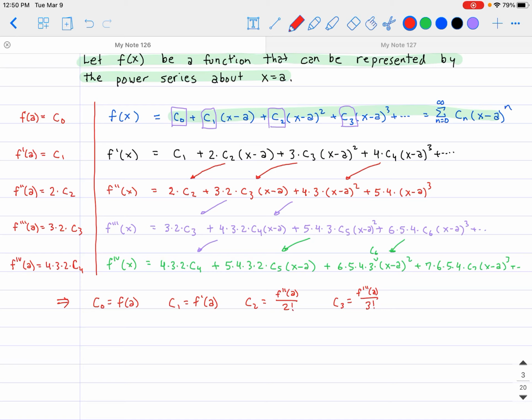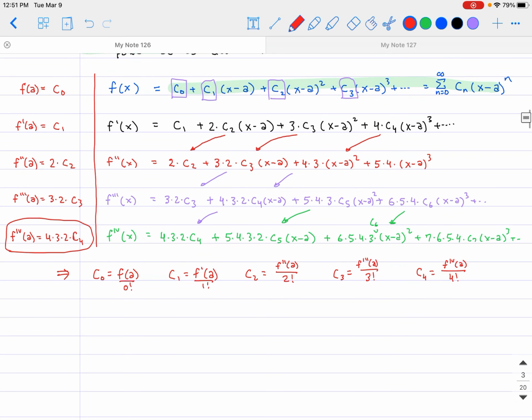Before that it's 2 factorial, and over here we can write 1 factorial, and this is 0 factorial. And then finally c4: if I divide everything to solve for c4, that's going to be the 4th derivative at x equals a, all divided by 4 factorial.